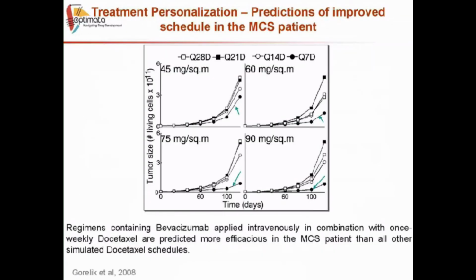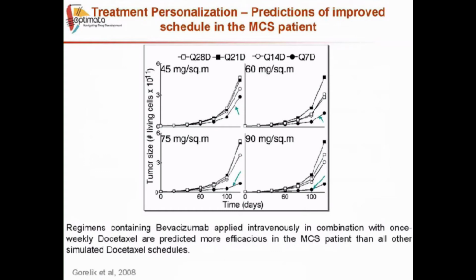Our prediction about toxicity, I already alluded to. We believed also for this patient that neutropenia and thrombocytopenia will be alleviated even if the chemotherapeutic drug, docetaxel in this case, is applied once weekly rather than every 3 weeks. And the question is, what about efficacy?